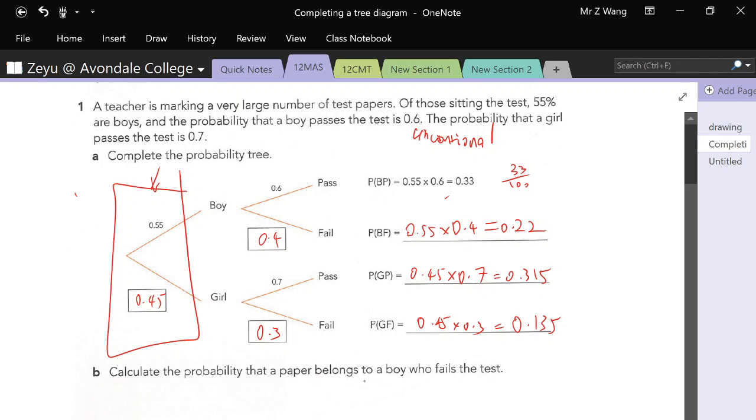Belongs to a person who fails the test. Well, I can't really explain the English, but this actually means the boy who fails the test. So it is 0.22.